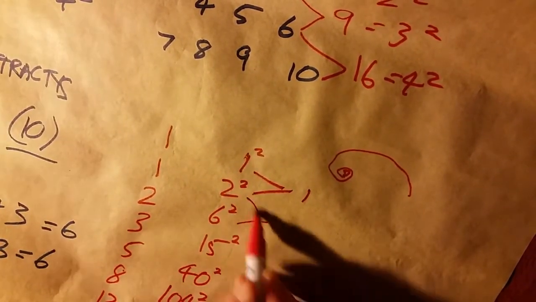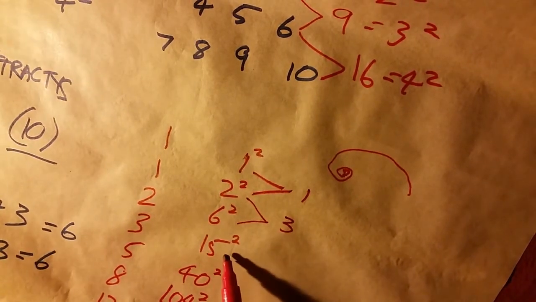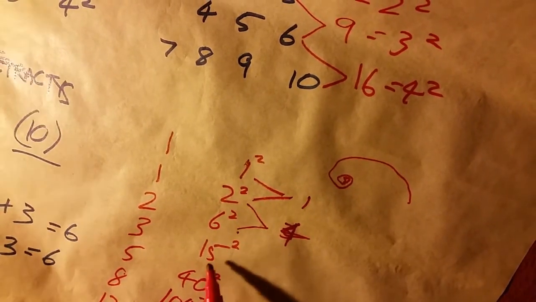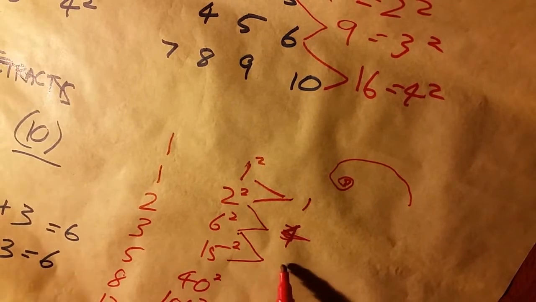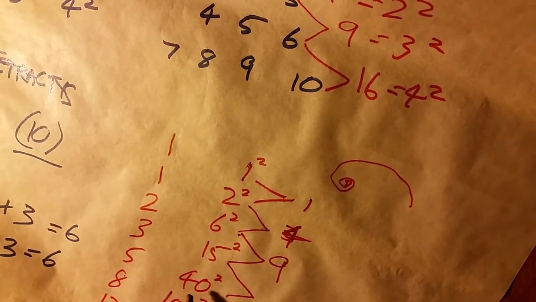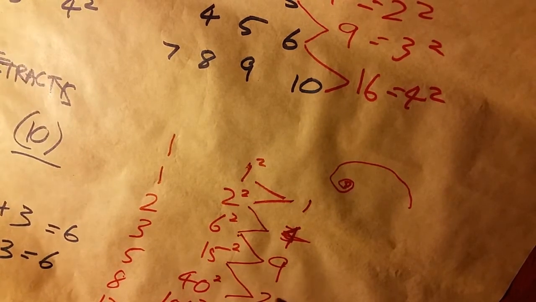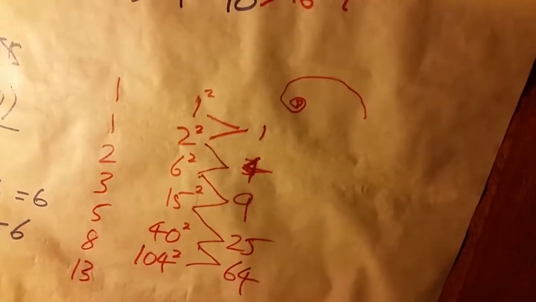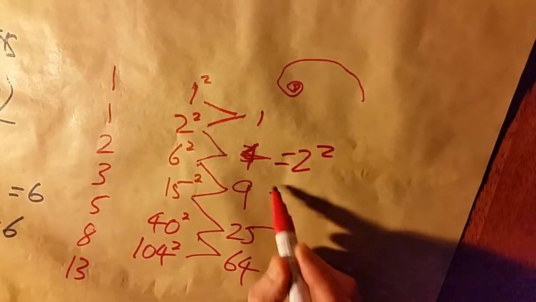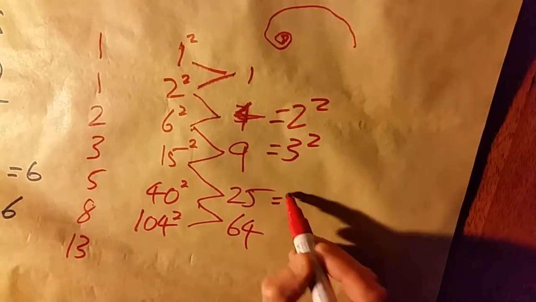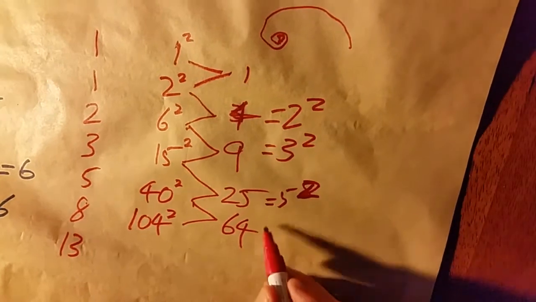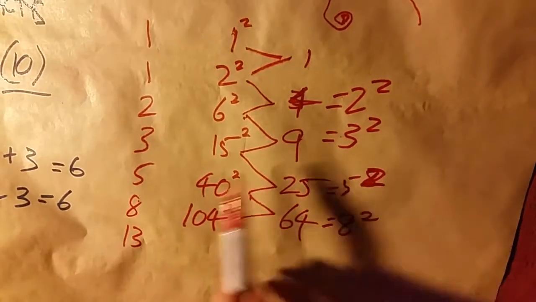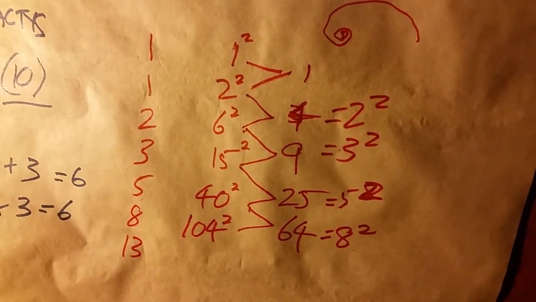The difference between the next two is 3... well, 6 minus 2 is 4. 15 minus 6 is 9. 40 minus 15 is 25. And 104 minus 40 is 64. Well, that's 2 squared, 3 squared, 5 squared, 8 squared. 2 squared, 3 squared, 5 squared, 8 squared.